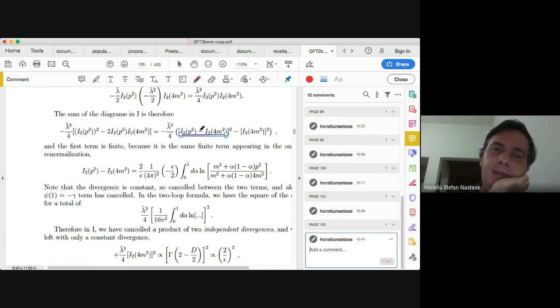This was the thing appearing from the Feynman diagram, and this was the renormalization factor, the counter term, right? So the result of this was equal to this.